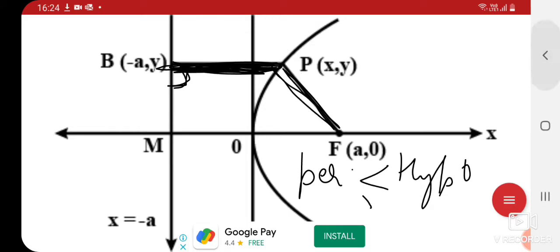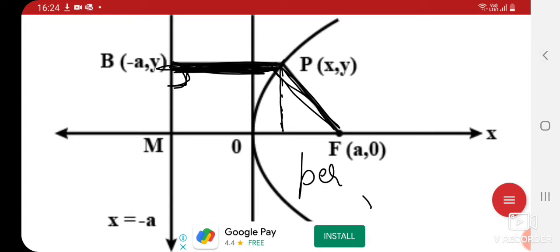For that you need to know that these two perpendiculars are not equal. What I mean to say is that this perpendicular is somewhat larger than this perpendicular. That is because if this perpendicular is smaller than the hypotenuse we obtain by this perpendicular, and this base will be larger, that means the hypotenuse will be larger than this perpendicular.